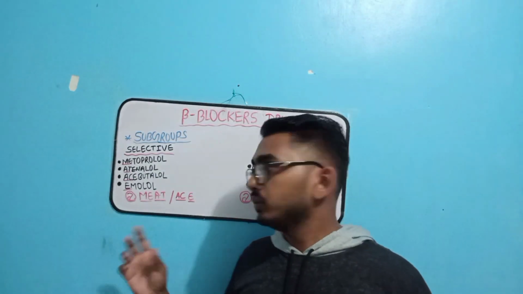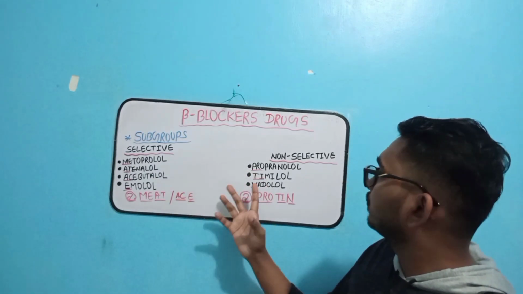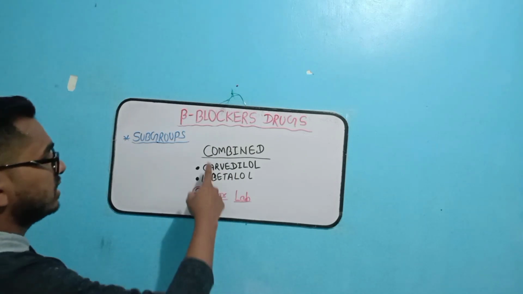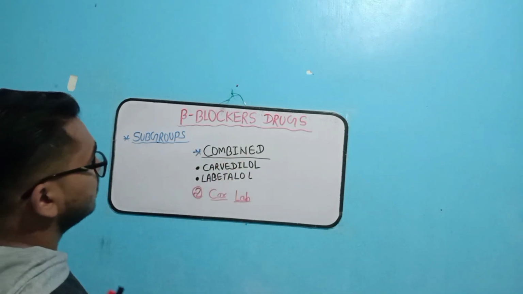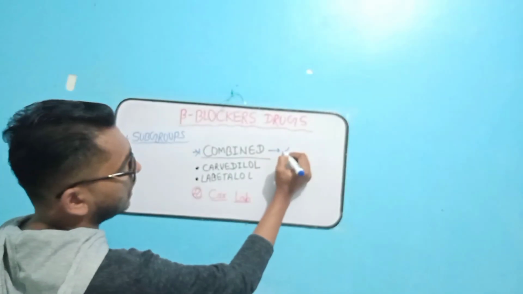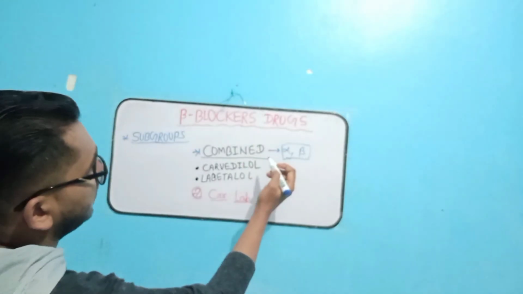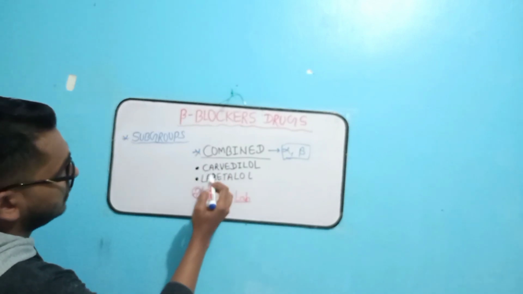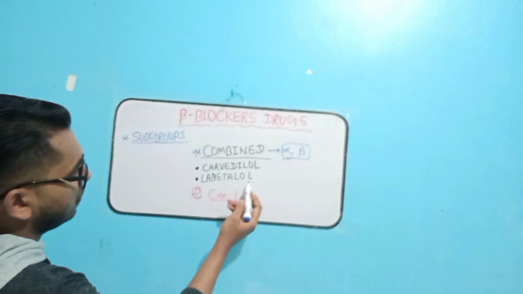At least by using these two mnemonics, we can memorize the 7 drugs in the beta 1 selectivity. There is another drug group. It's called the combined, because it can act on both alpha and beta receptors. In this subgroup, we can find the two drugs, the carvedilol and the labetalol.